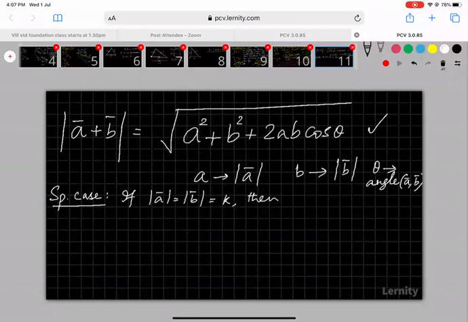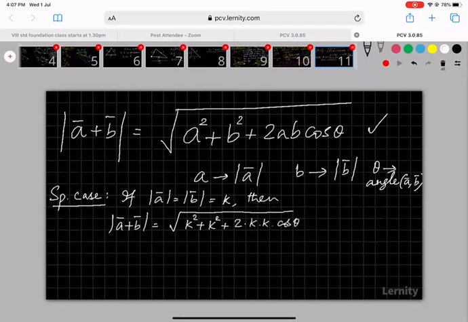Okay. In that case, magnitude of a bar plus b bar is equal to square root of k square plus k square plus 2 into k into k cos theta. K square plus k square is 2k square, plus 2k square cos theta.